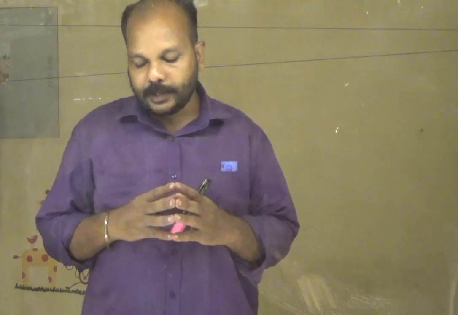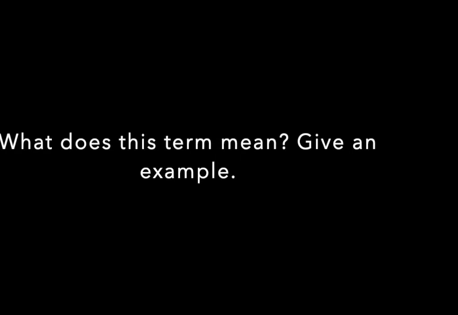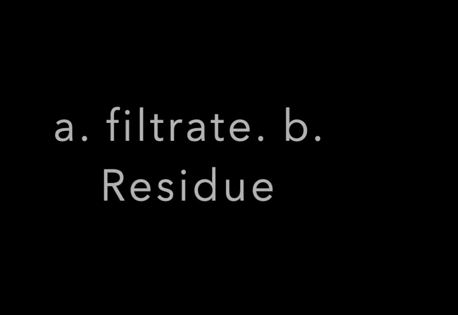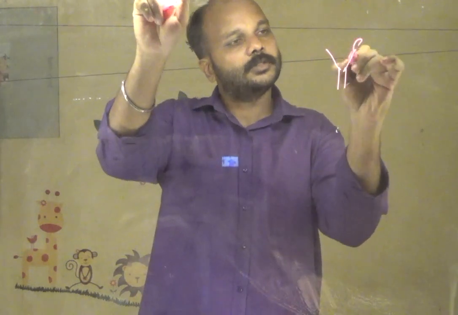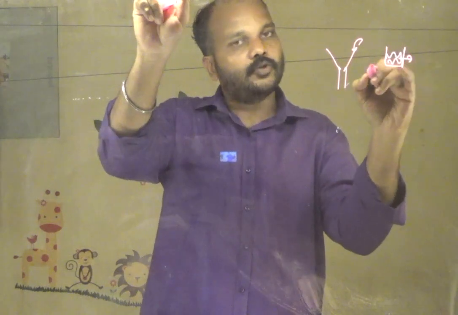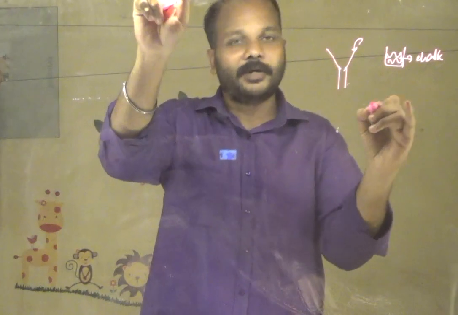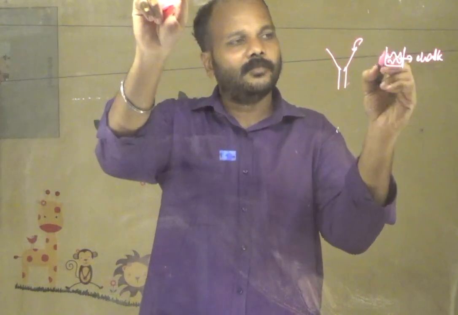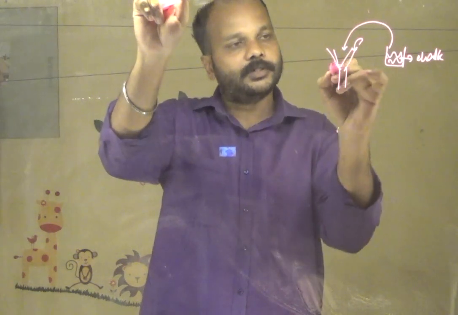What do these terms mean? Give an example: a filtrate, a residue. See, you have a solution containing chalk, or let it be anything, magnesium carbonate or calcium carbonate. Chalk is not dissolvable in water, and this is the filter paper.